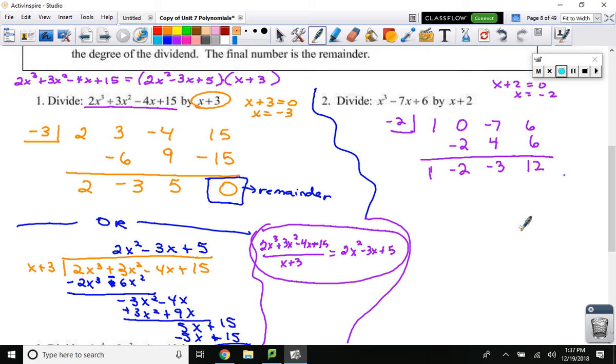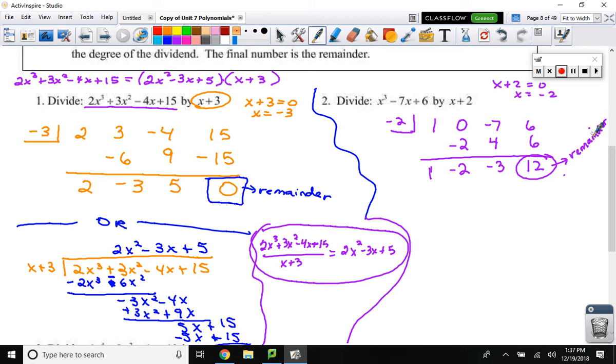So is x plus 2 a factor of x cubed minus 7x plus 6? No. Why is it not a factor? Because your remainder is not 0, it is 12. So I know it's not going in evenly, and that's okay, I still have an answer, but it's not a factor.